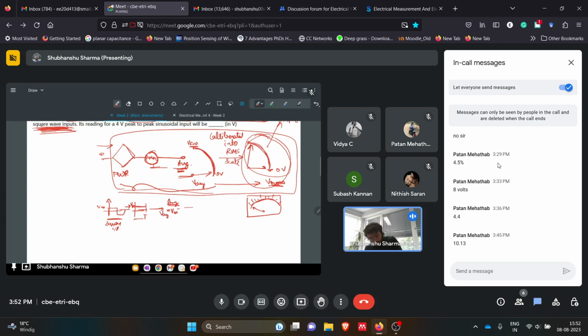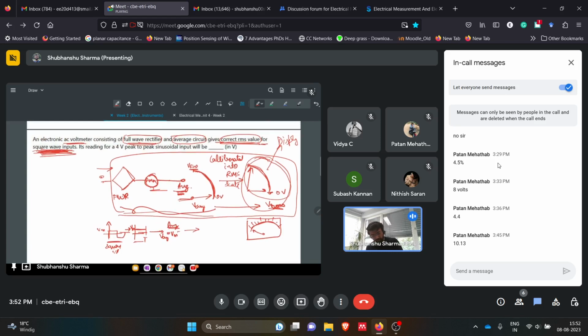Now what we have done is calibrate this instrument into RMS, its RMS scale. So what is the RMS of a square wave? The RMS of a square wave is Vm itself. That also you can calculate, or I have given that table, so no need to worry.